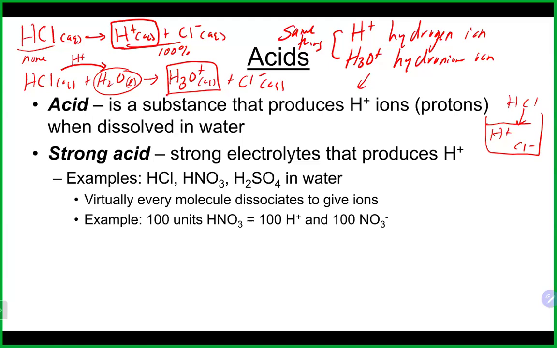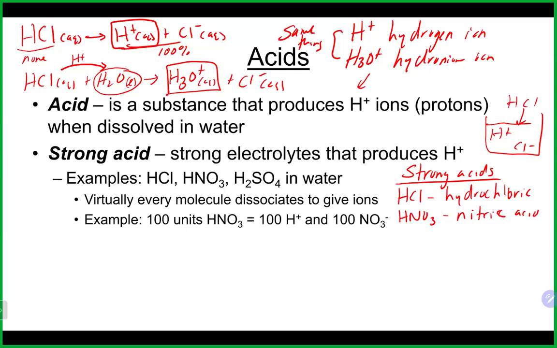Now, there are some strong acids, which are strong electrolytes. They 100% break apart into ions in solution. There's a list of strong acids, which are kind of good to know, I suppose. And here's the list. This is hydrochloric acid. We have HNO3, which is nitric acid. We have H2SO4, which is sulfuric acid.